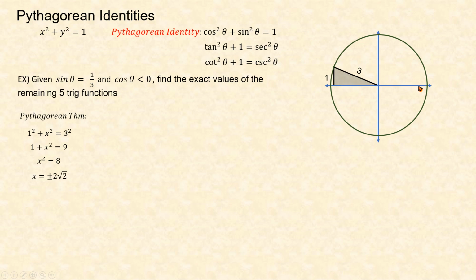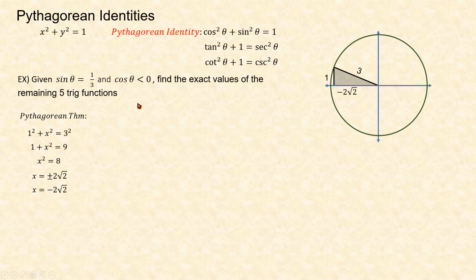But it says cosine is negative, so it has to be in the second quadrant. That's how I know it's in the second quadrant, not the first. Because cosine is negative, I can only take the negative value, not the positive. So x is equal to negative 2 radical 2, and that's from the Pythagorean theorem.